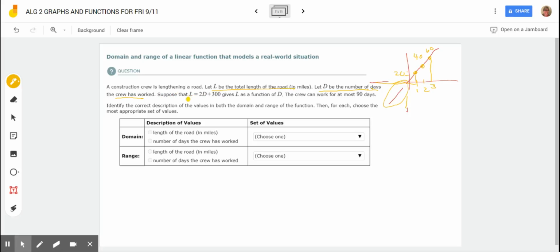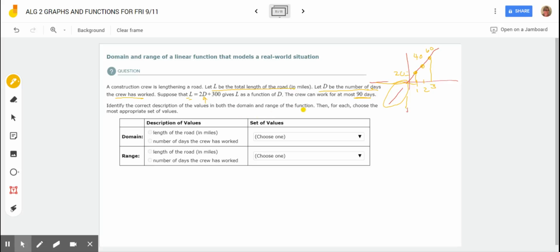Suppose that length is equal to 2D plus 300, which gives L as a function of D. We're going to plug in the days first. The crew can work for at most 90 days.